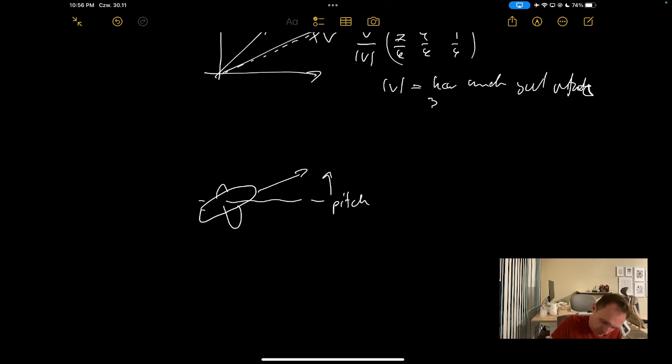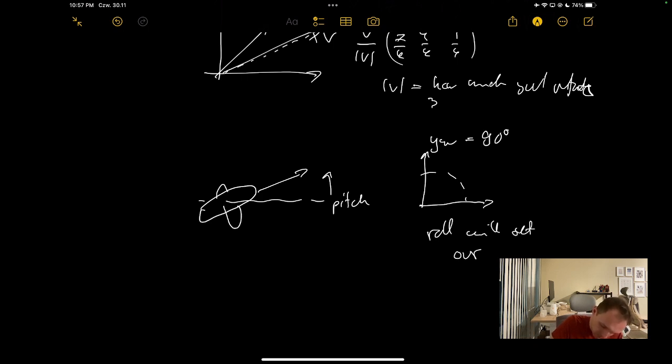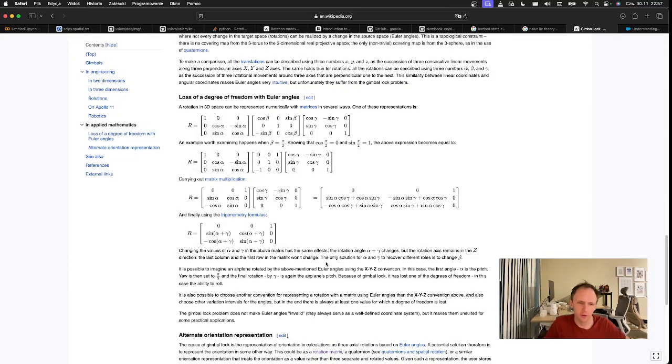And then we do the yaw. So the yaw, we set yaw equals 90 degrees. So bird's eye view. So this was like this, and now we set the airplane to point in this direction. And then it turns out that now our roll will set our pitch. That's it. That's the gimbal lock.